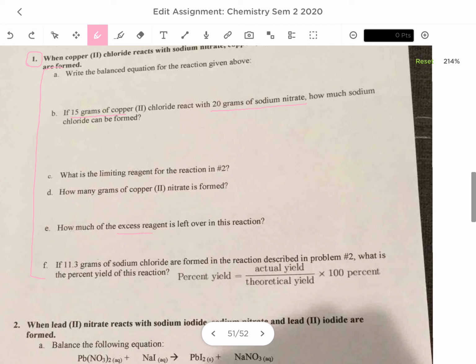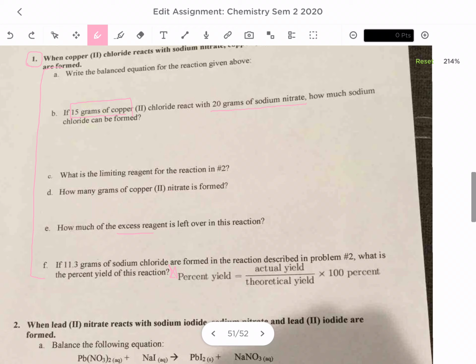So go back to your 15 grams of copper chloride and your 20 grams of sodium nitrate, and then subtract your totals from how much you were given. And then this last one right here is your percent yield formula, and this is just a percent yield problem.